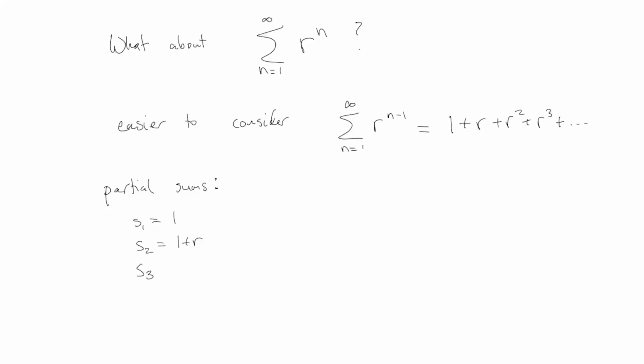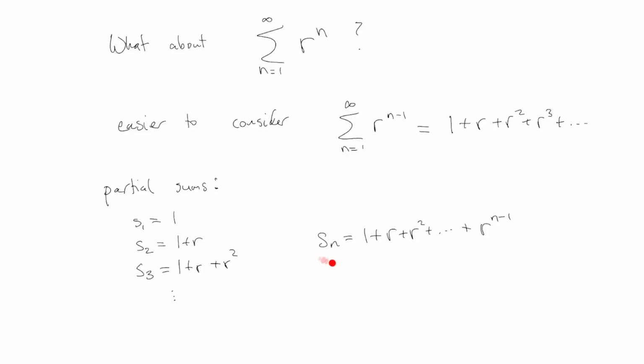The next one is 1 plus r plus r squared, etc. Generally speaking, Sn is 1 plus r plus r squared, all the way up to r to the power n minus 1. It's because of this n minus 1 here. S2 only goes up to r to the power 1. S3 goes up to r to the power 2. So it's always the n minus 1 power over there.